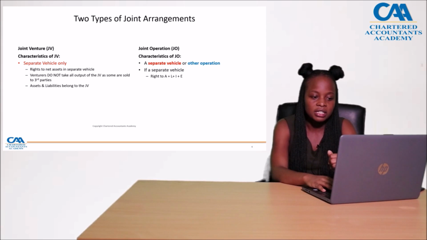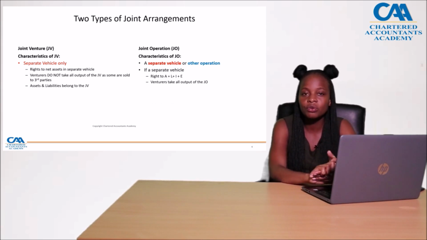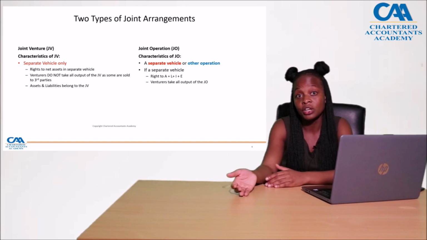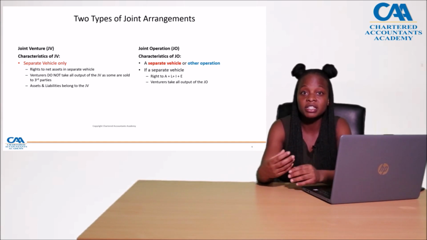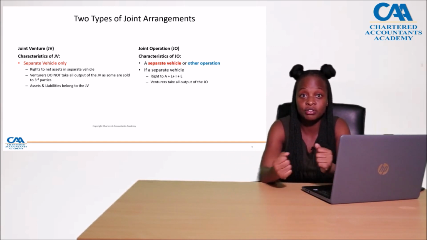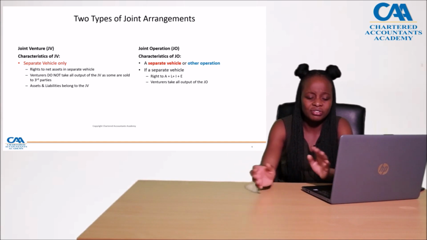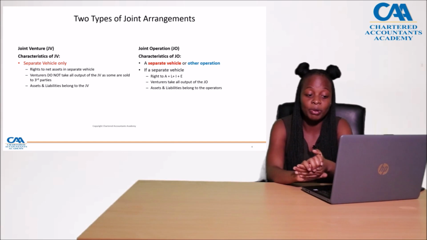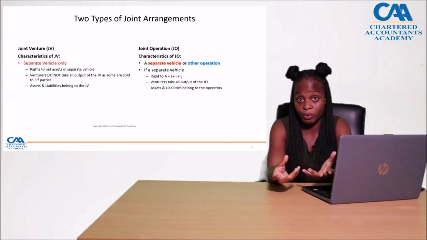Okay, so let's then get to output. Usually with joint operations, the output is given to the operators. They're basically using it, taking out the outputs, and it's not really sold to third parties. The assets and liabilities belong to the operators, not to the operation.